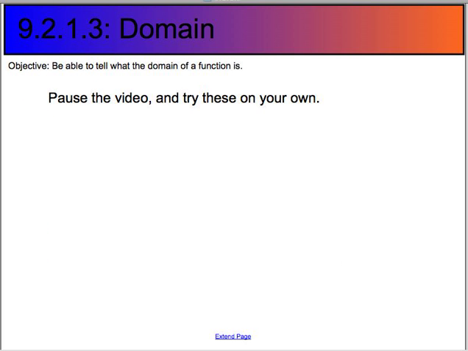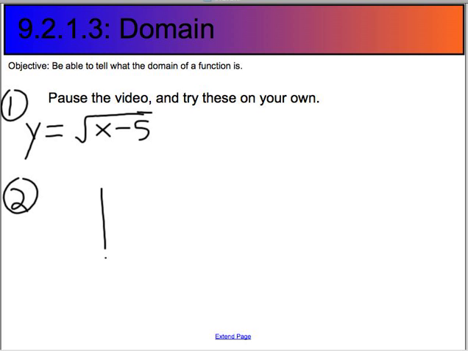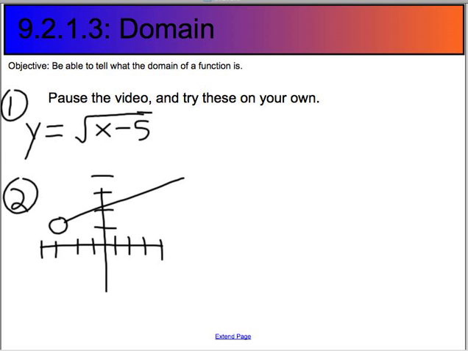All right, now's the time for you to try some on your own. So try that one as number 1. Number 2, start with a graph. That open circle there means that the graph goes up to that point, which looks like it's -3, 1, but it never reaches there.